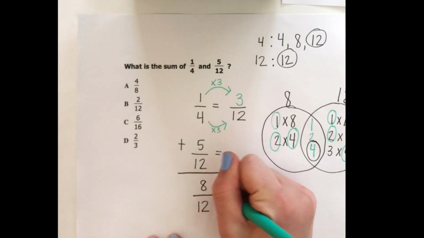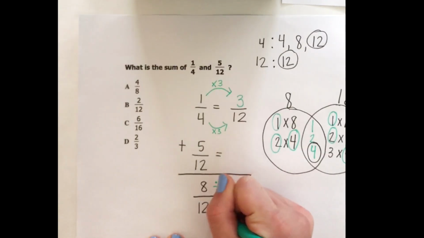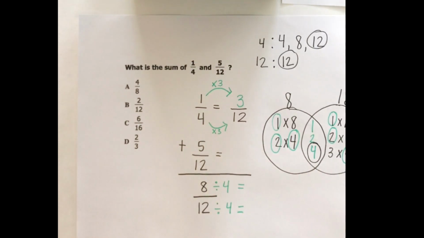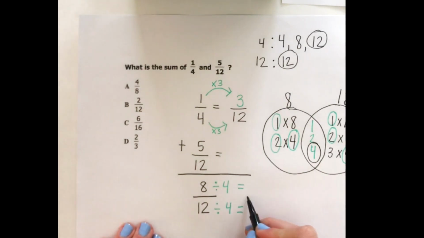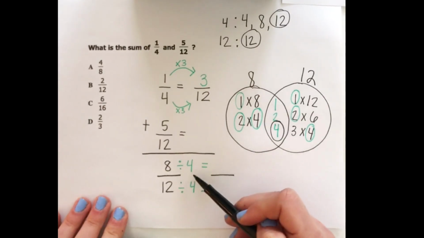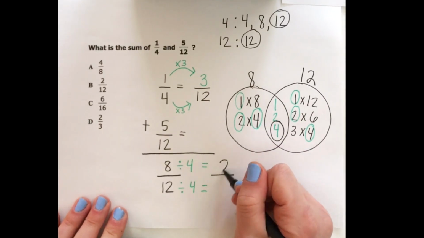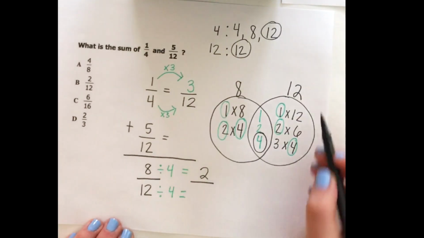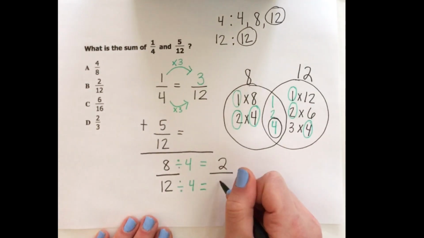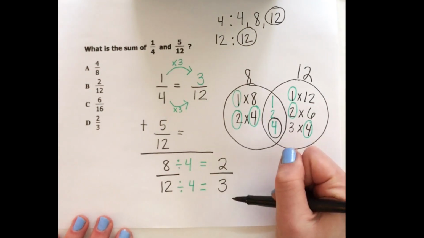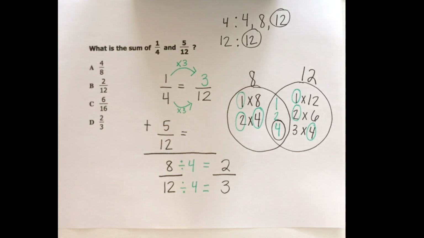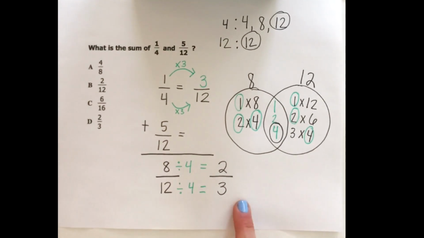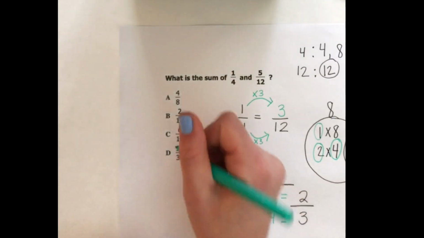So 8 divided by 4 and 12 divided by 4 to get our simplified fraction. 8 divided by 4 is 2, and you could just look over here, 8, 4, 2. 12 divided by 4 is 3. So now 2/3 is our simplified answer. In simplest form, 8/12 is 2/3, and I do see that answer.